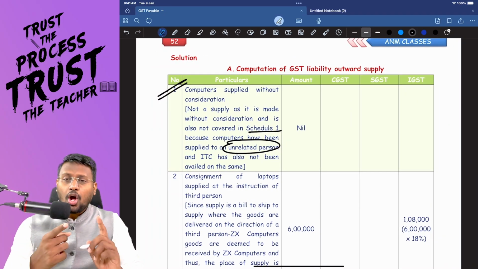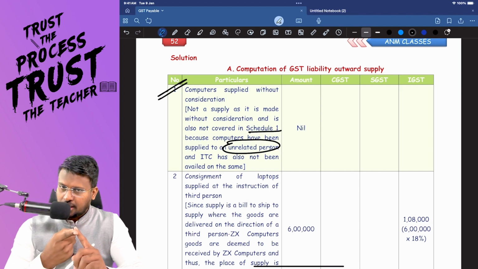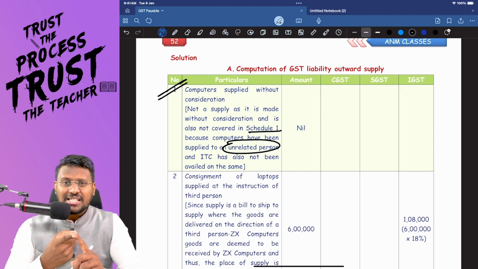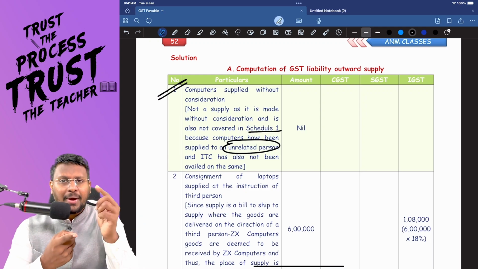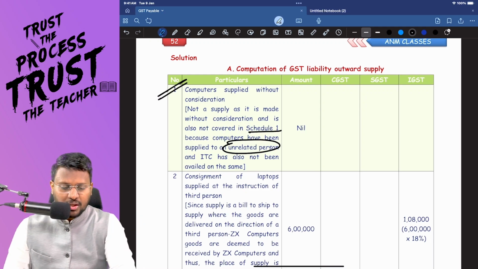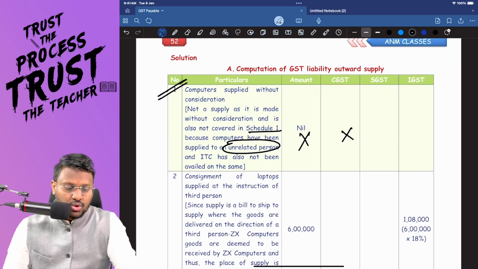Since it is not falling in 7 subsection 1 clause A, and this transaction has not fallen in 7 subsection 1 clause C, read with Schedule 1 and Para 1 or Para 2, my dear lovable students, there is no GST liability at all.